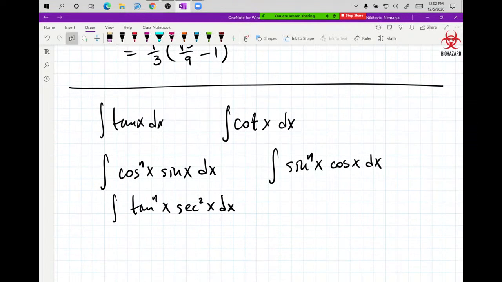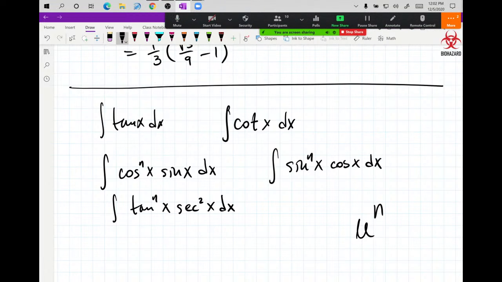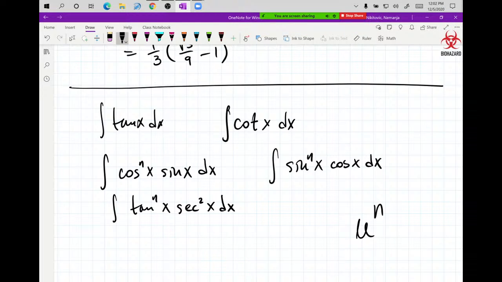Like these are the Calc 1 variations of problems where this n can be literally any power. Could be a square root, could be, right, 30. It doesn't matter because it will end up being u to that n. So it doesn't matter whether it's a square root or a cube root or a 30th, right? It's not a problem. But this is your Calc 1 realm.